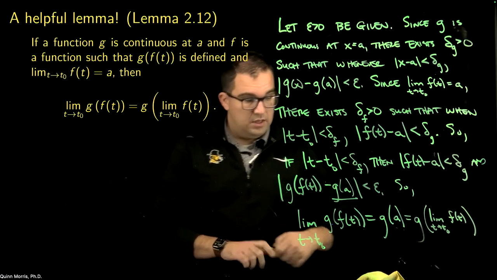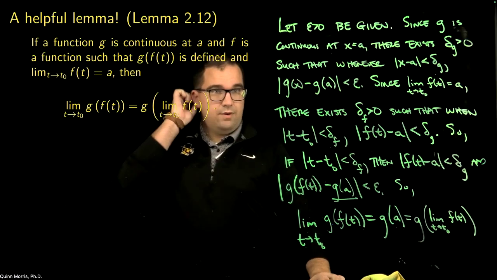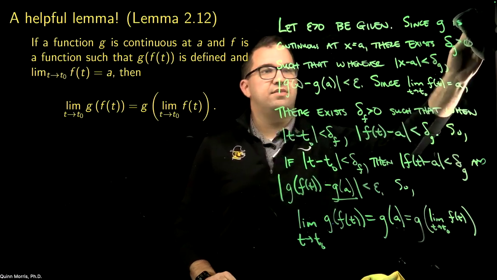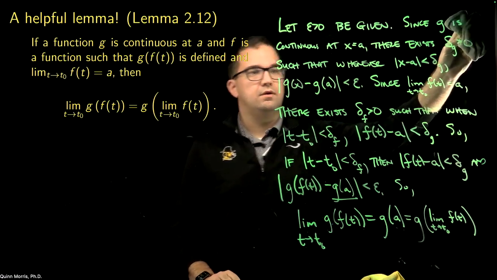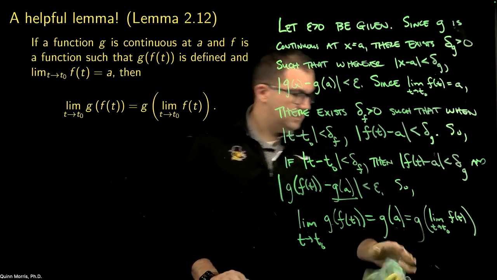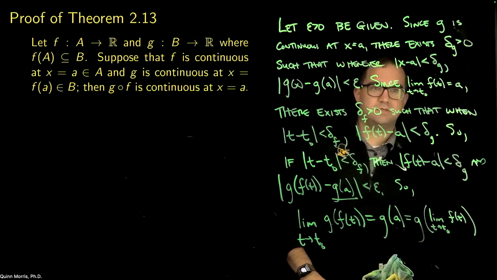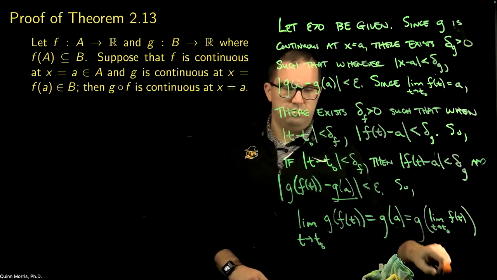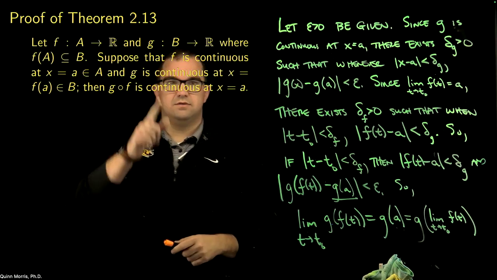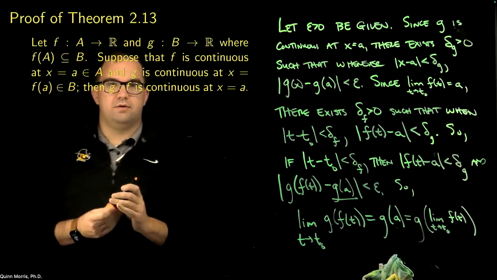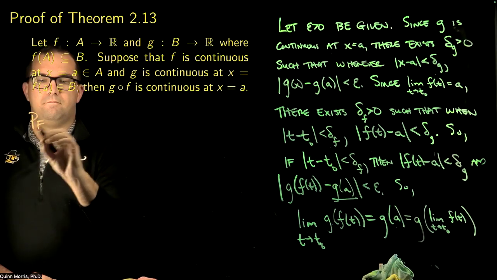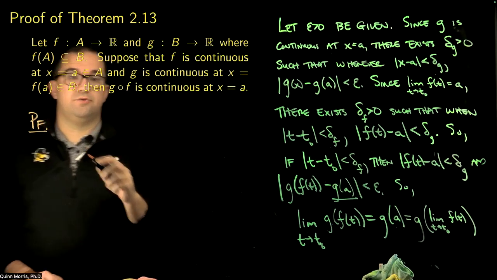All right. Now that we have that straightened away, let's see how we can put this to use to prove our main theorem. I'm going to leave that there and come over here. So I'm going to prove this theorem. Let's deal with the easy case first.